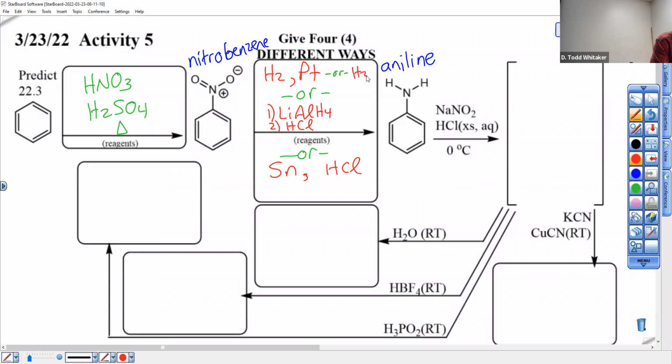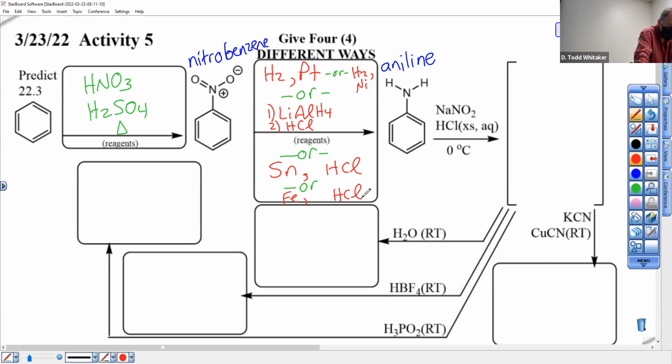H2 and nickel, that's a different transition metal catalyst. And another variation on the bottom one is iron metal in HCl. There's really 5 in here: 1, 2, 3, 4. Heck, learn all 5.